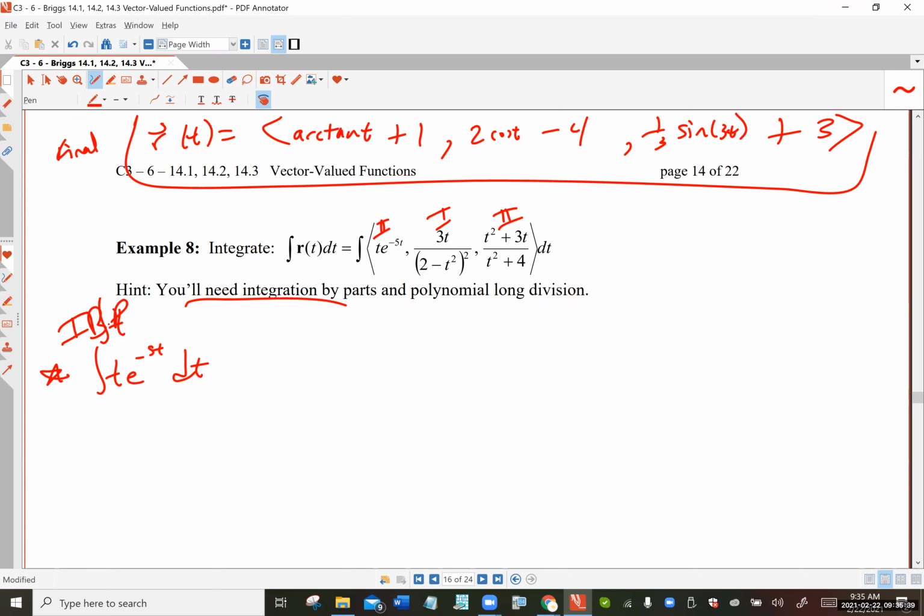Just as a review, when you're given an integral that looks like a product, which this does, and you don't know how to integrate it using any other regular technique like power rule or exponential rule, then you can use integration by parts and hope that after you identify the u, the du, the v, and the dv, you break it out into uv minus the integral of v du.